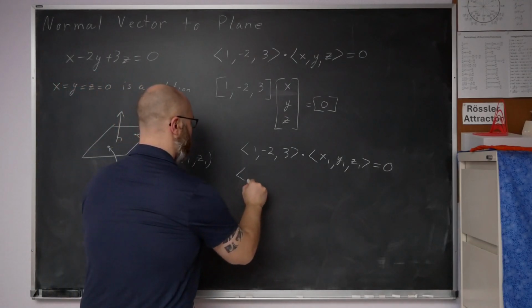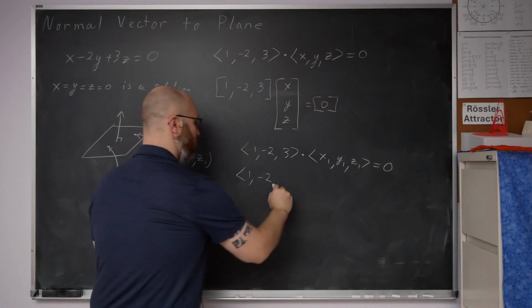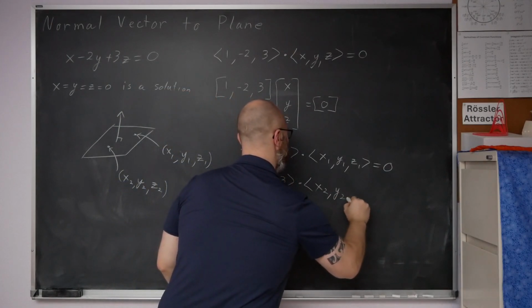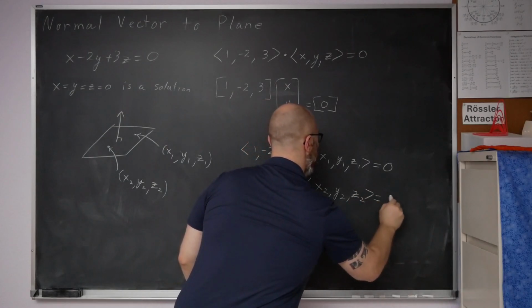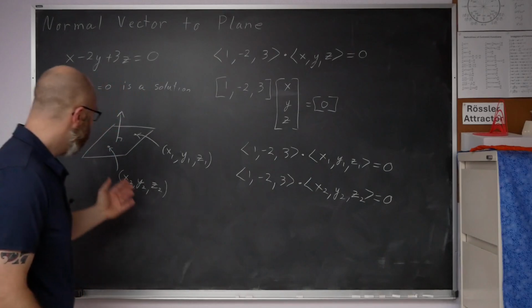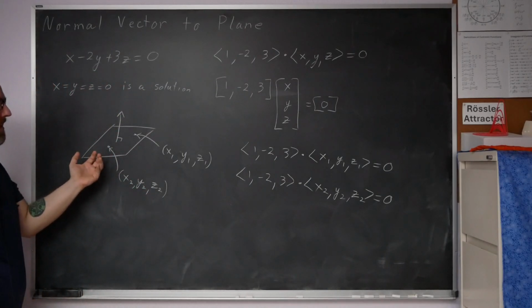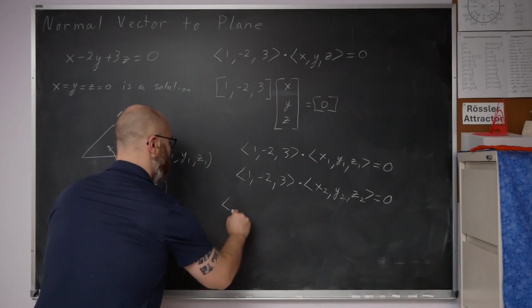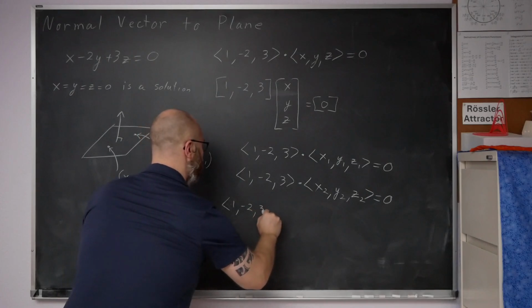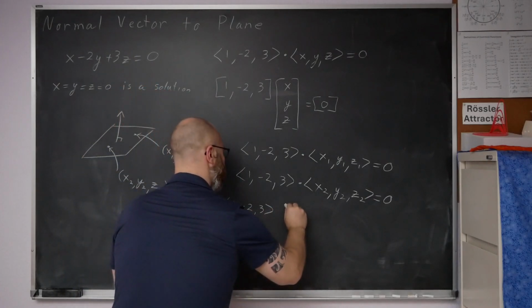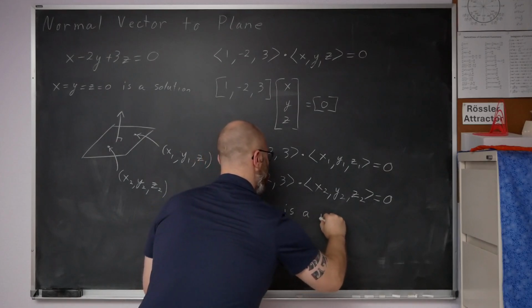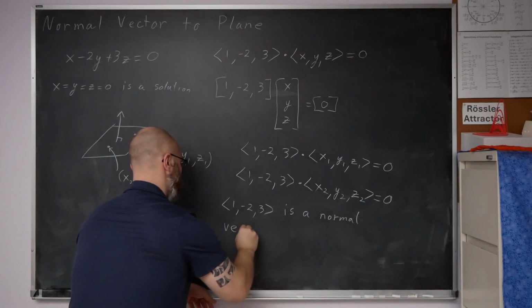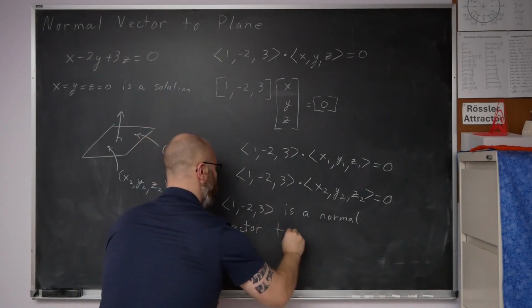Same thing with x2, y2, z2. That also equals 0 because x2, y2, z2 lies in the plane. And so what this is telling you is that 1, negative 2, 3 is a normal vector to the plane.